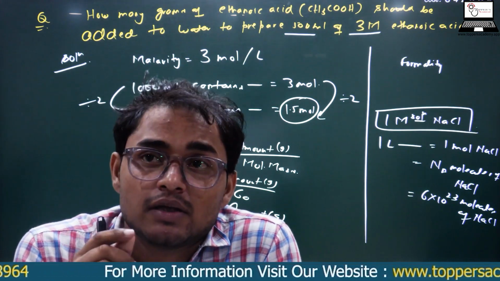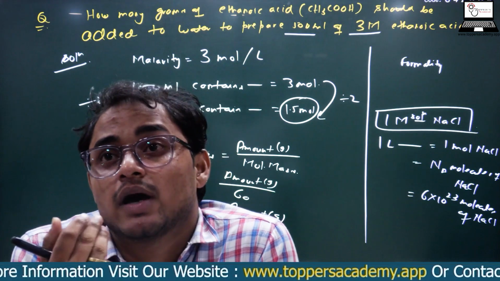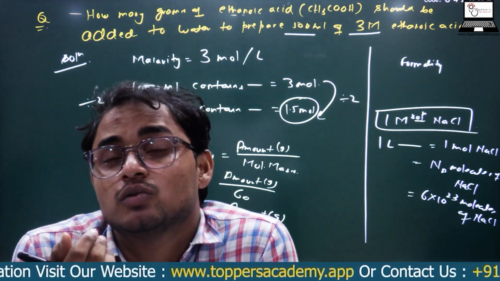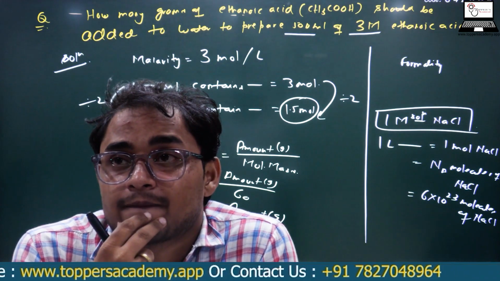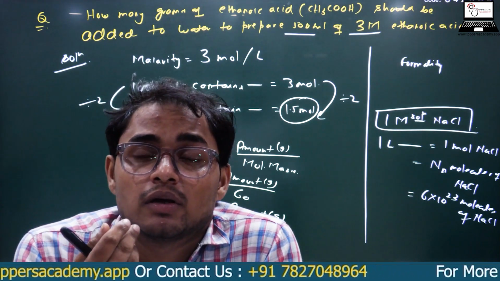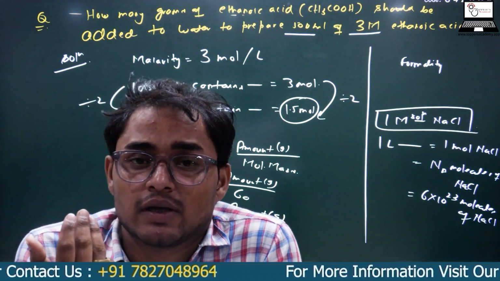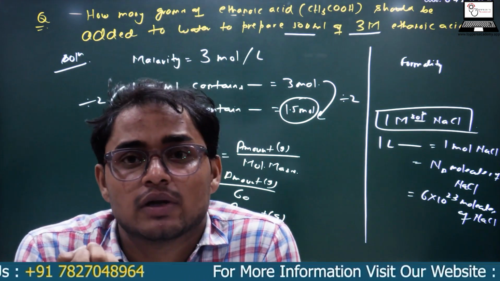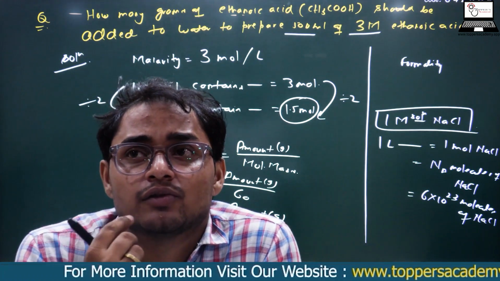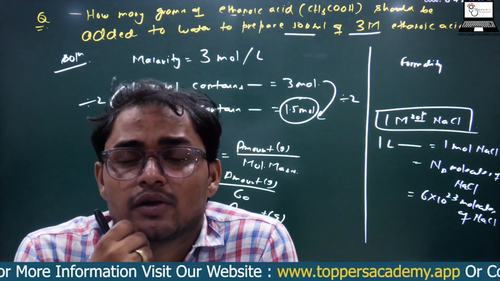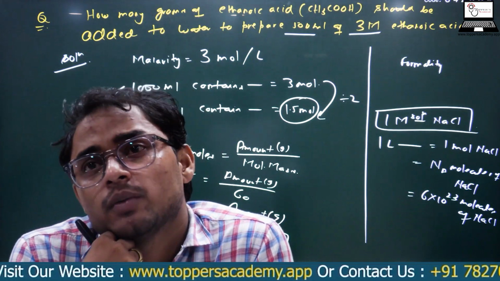Because NaCl is a strong electrolyte. It will be ionized to 95 to 99%. When solving numericals, we take 100% ionization for strong electrolytes, right?